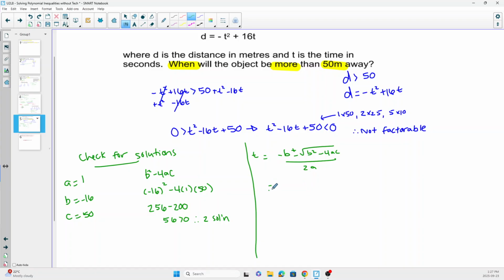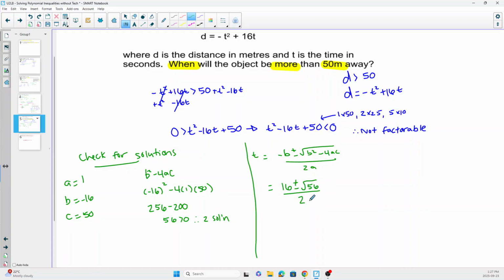So we start subbing in. B is already negative, so if we take the negative of a negative, we end up with a positive. So we end up with 16 plus or minus. Now here's the nice thing. We already checked the value of the discriminant, so we can just put the square root of 56 right here, and then we can divide by 2 times 1, which is just 2.